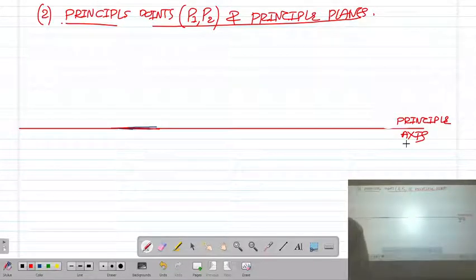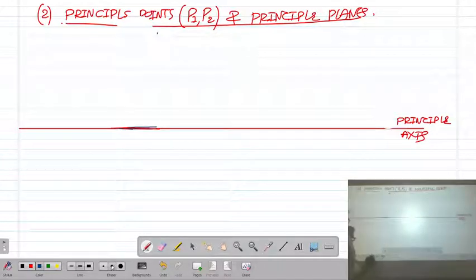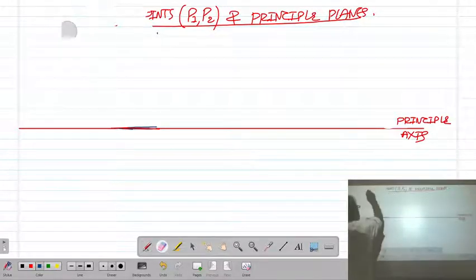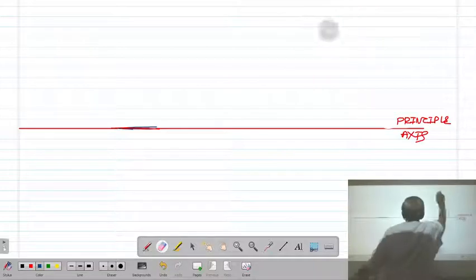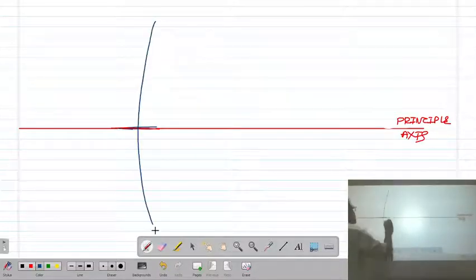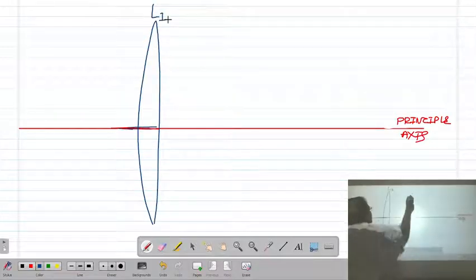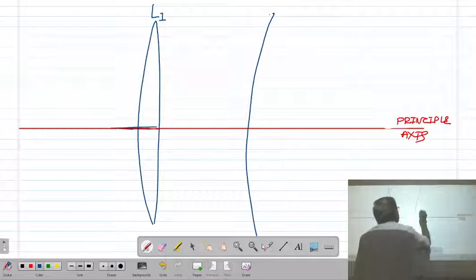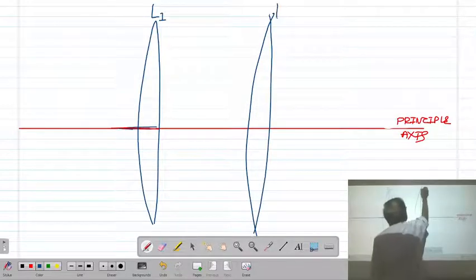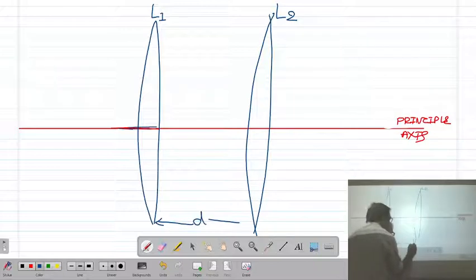Let us consider a system of two lenses L1 and L2. This is my first lens L1. This is my second lens L2. The separation between the two lenses is d.